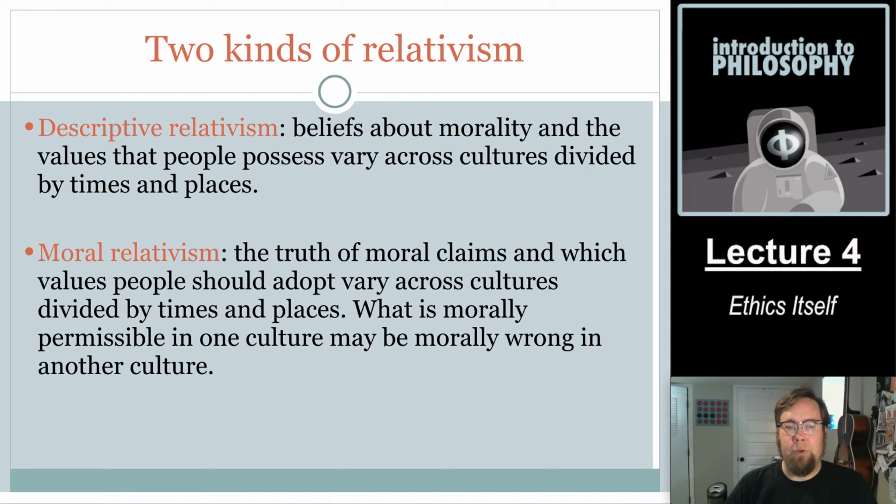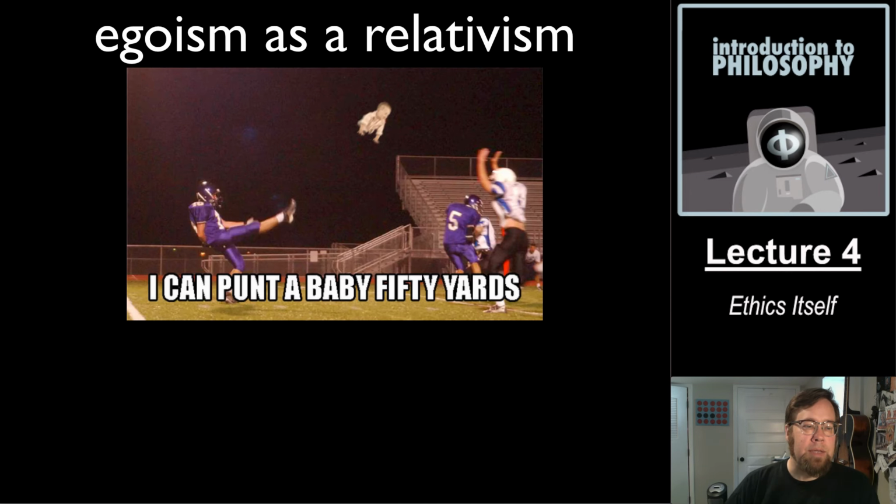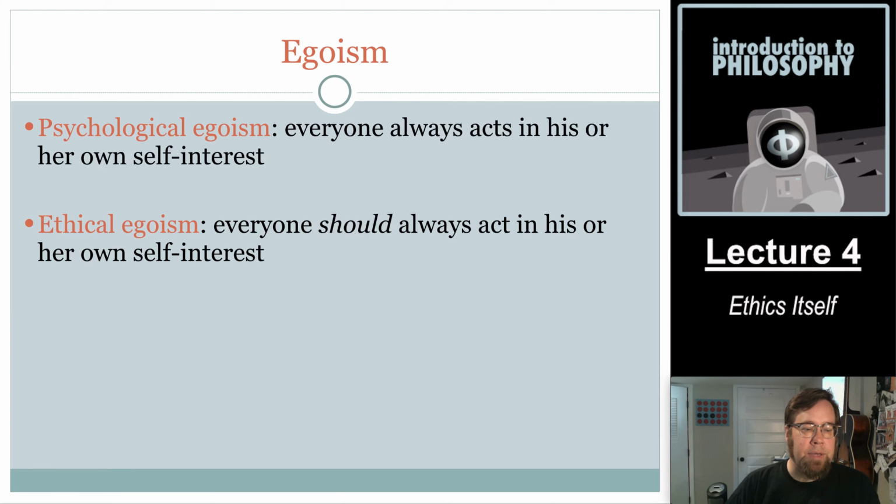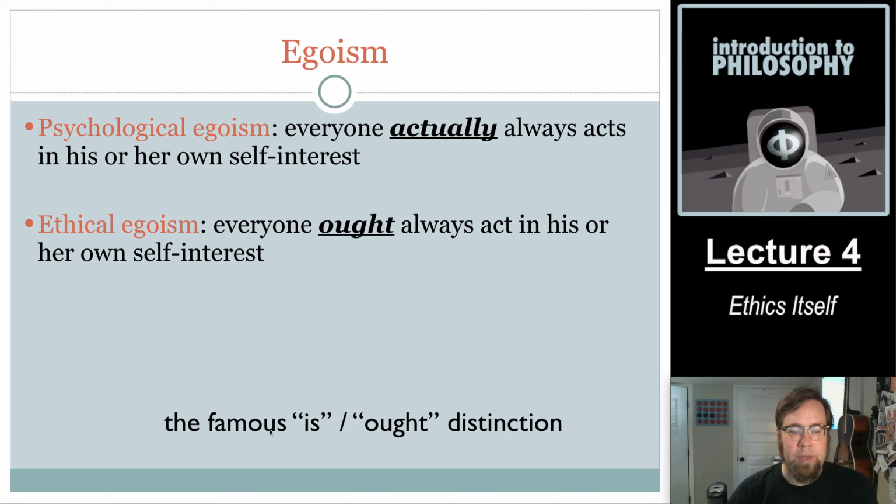There's descriptive social relativism, which is making a claim about what actually happens, versus moral relativism, which is making a claim about what ought to happen. And we should be reminded of something that was said earlier in connection with egoism, the very famous and important distinction between is and ought.